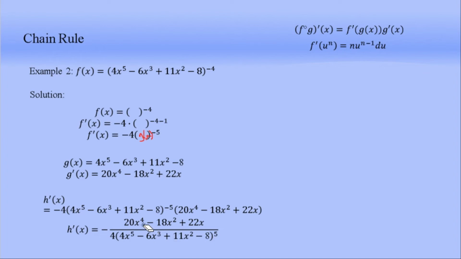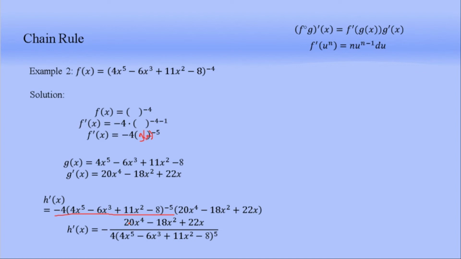What we did is just bring the function down, so that the exponent negative 5 becomes 5, and the numerator is just going to be the derivative of g of x.